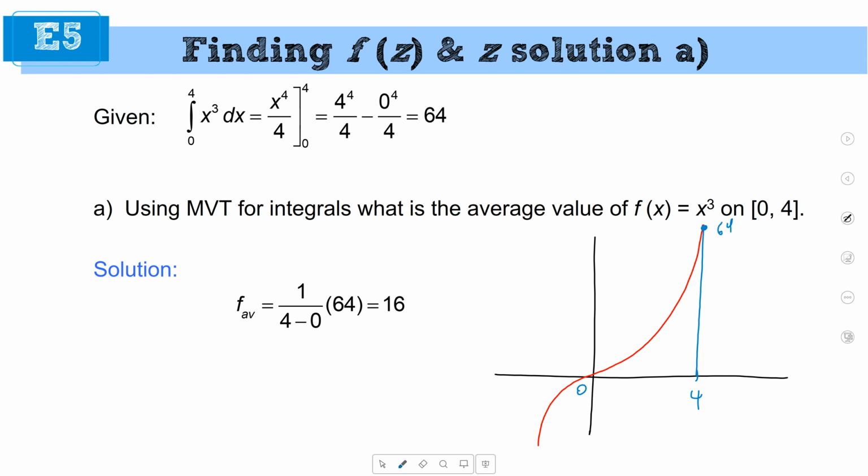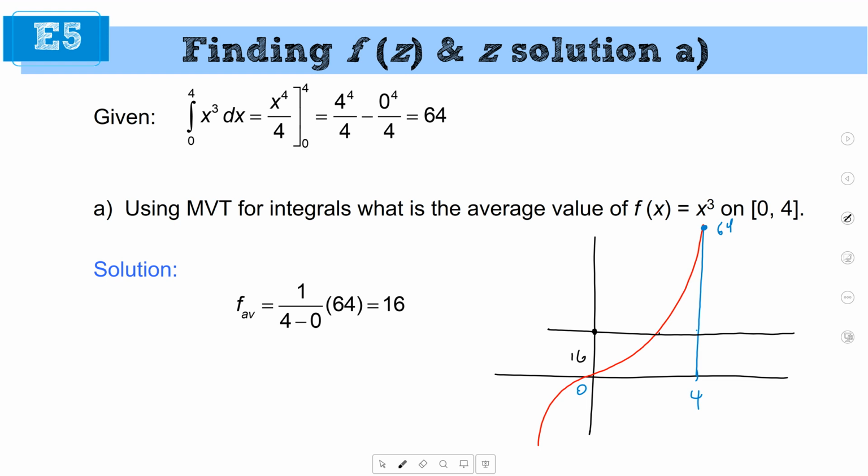It's 64, yeah. 4 to the third is 64. And then we know that if we melt this puppy down, it's going to level out at about this value here, which is at 16.